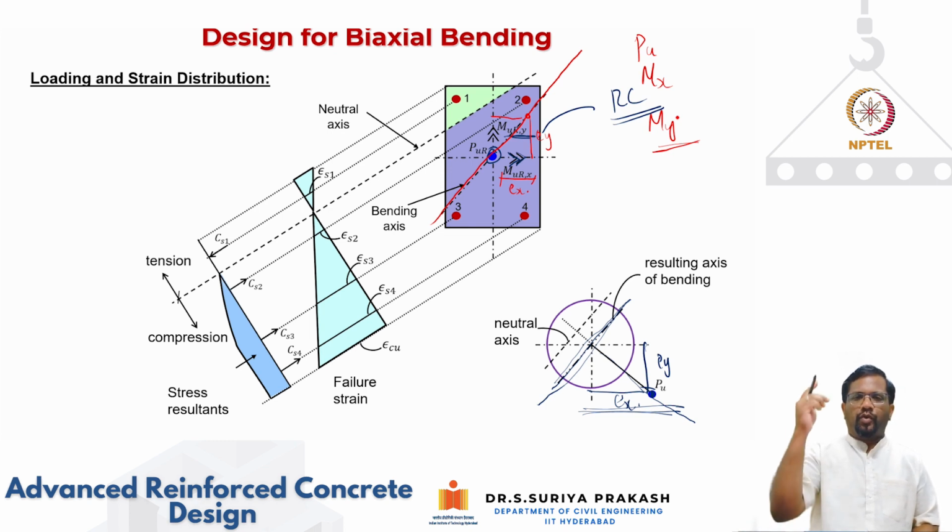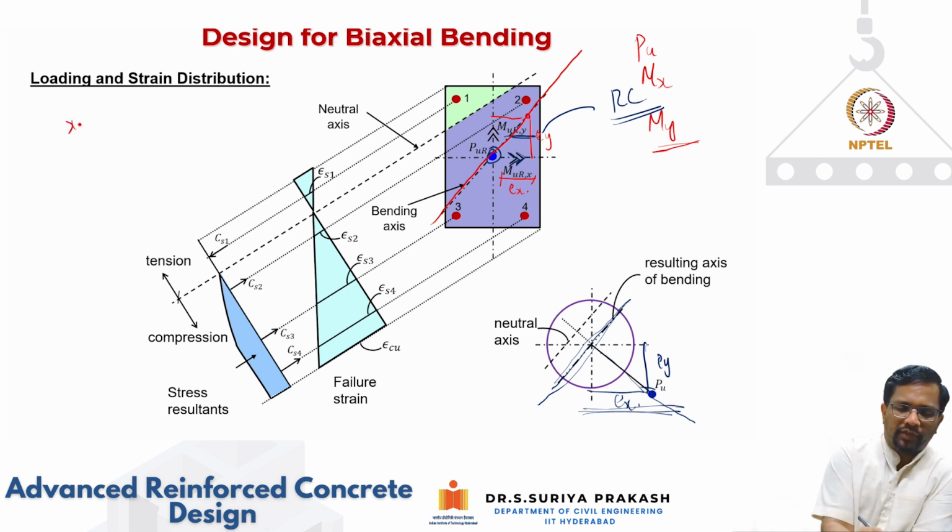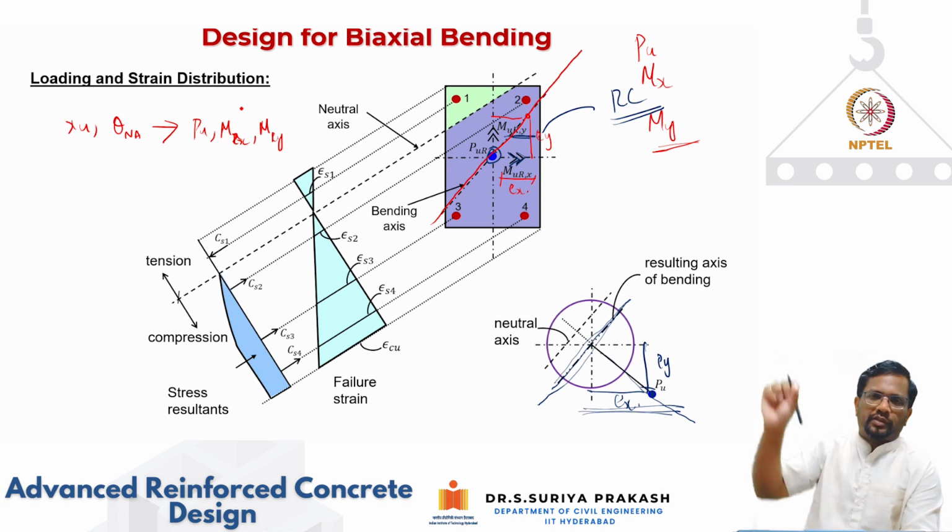So for one particular neutral axis and one particular angle, I fix xu, and then I also fix the angle of the neutral axis. Then what I get is one Pu and one Mrx, or let me write that, Mrx, and then Mry. So I get one point on that surface.